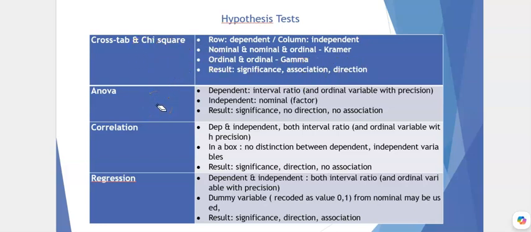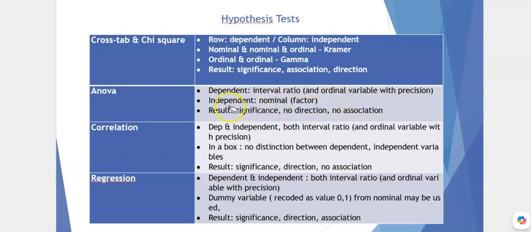And the ANOVA test is about the difference of the means. If there are significantly different means between more than two groups, you can run the ANOVA test. The independent variable can be nominal, a categorical variable, but with three groups, more than two, not only women and men but another group.